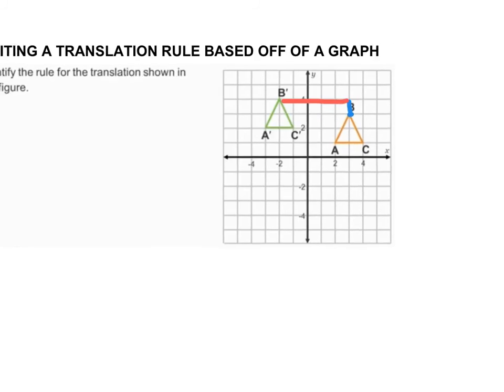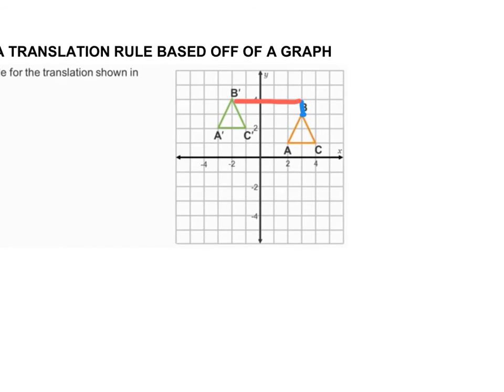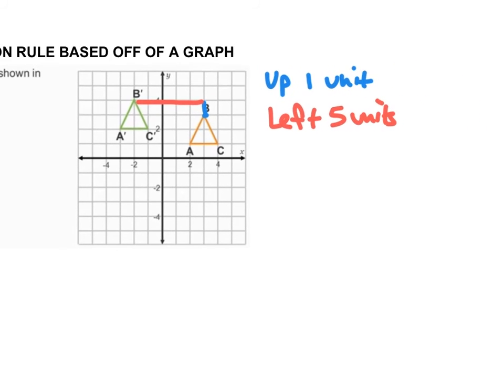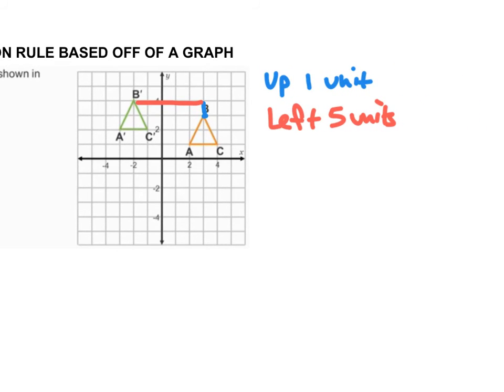Let me just count that, double check, 1, 2, 3, 4, 5. Okay, we good. So this means we're going up 1 unit, and then we are going to the left 5 units.